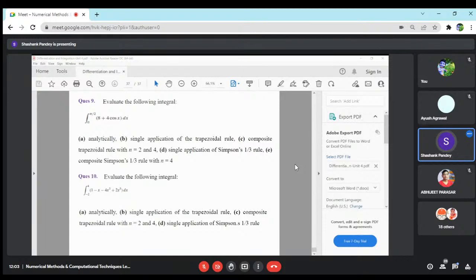So in short, I will say that you practice it and you will get familiar with this formula. To know and understand the formula in a better way, you have to solve at least 2 numerical problems on your own, and only then will you get to know how to apply this composite Simpson 1/3 rule.